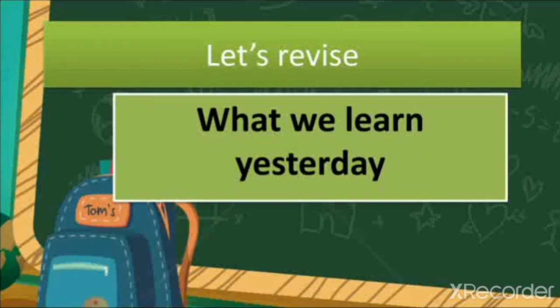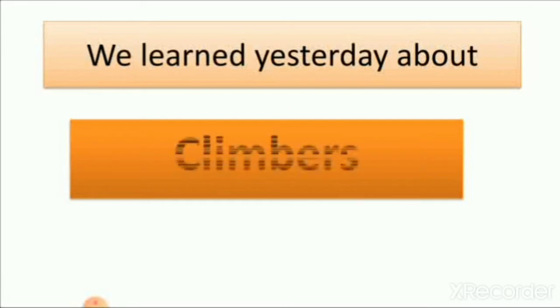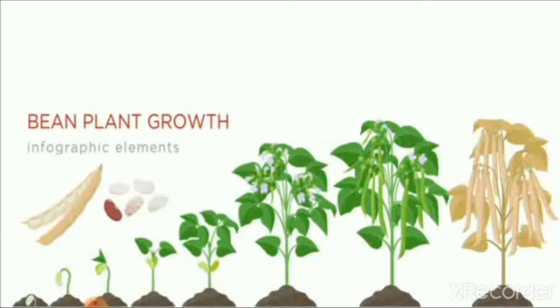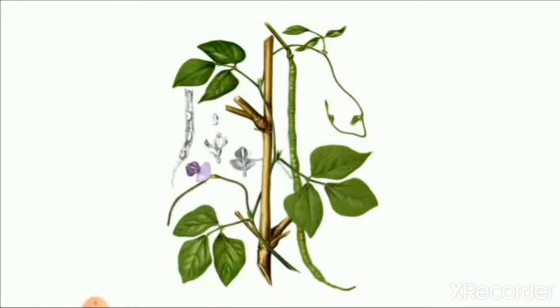Let's see. We learn about climbers, stem and one rose plant stem. We see the picture of bean growth, the plant of bean, how it grows. Then we see one picture in which we can see beans, how they grow and how they grow straight.